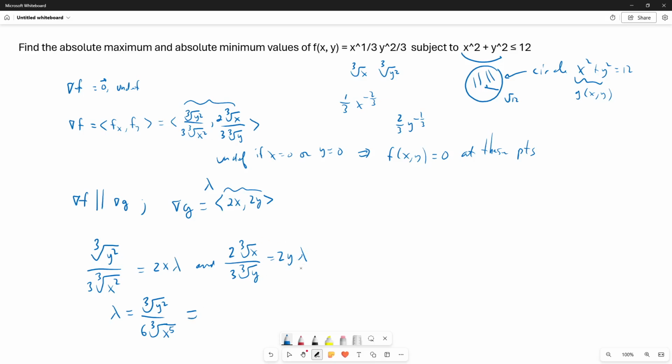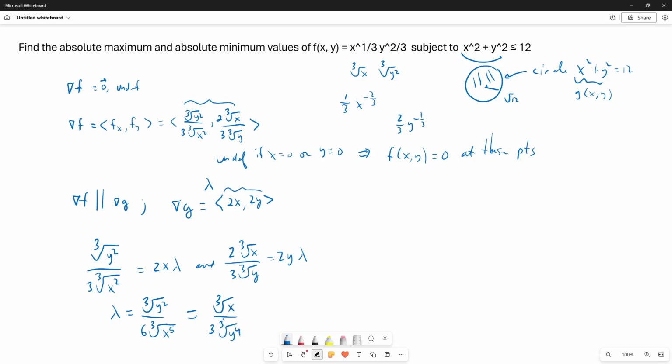And solving the second equation for lambda, dividing by 2y, the 2's will cancel, and we'll just get the cube root of x in the numerator. And in the denominator, we have 3 times the cube root of y times y, which is y^(4/3), so the cube root of y to the 4th.